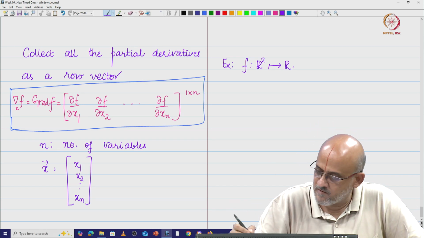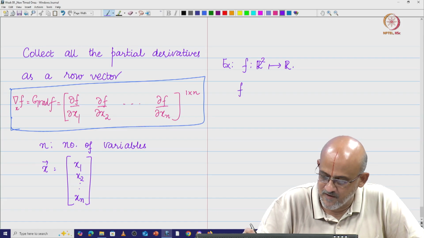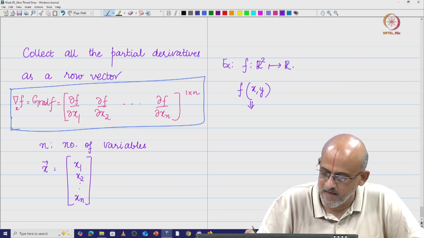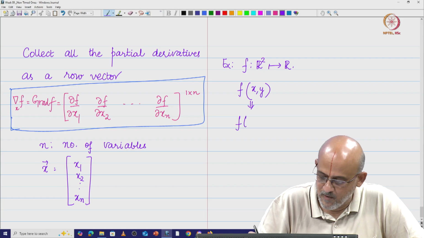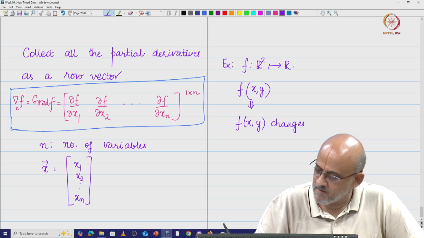So, we must remember that I have this function f of x comma y. Now what does this mean? This f of x comma y implies it is a function of two variables, and we know that f of x comma y changes as x or y changes.